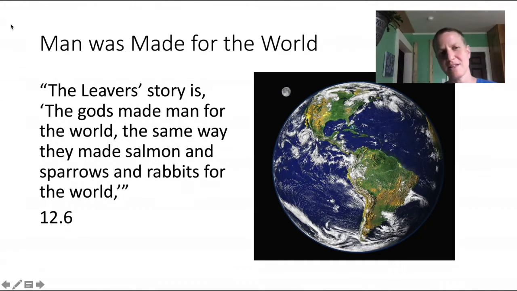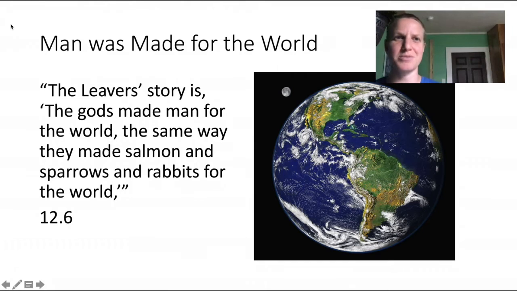So we're going to talk more about leavers and takers, which you have already been introduced to in the text. But this is an alternative way to think about our relationship to the world, that we belong to the world, that we are part of the world. It's not as if we're separate and all of this is for our benefit. Instead, we are a part of these natural processes, and we are subject to the natural laws of the world, just like salmon and sparrows and rabbits are subject to those laws.